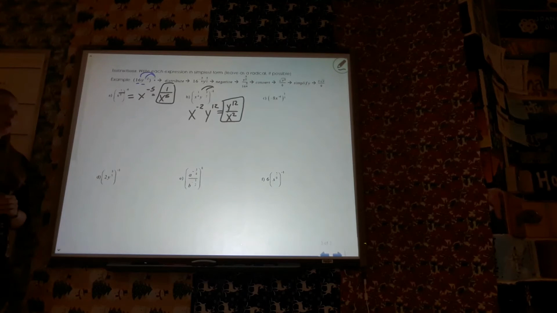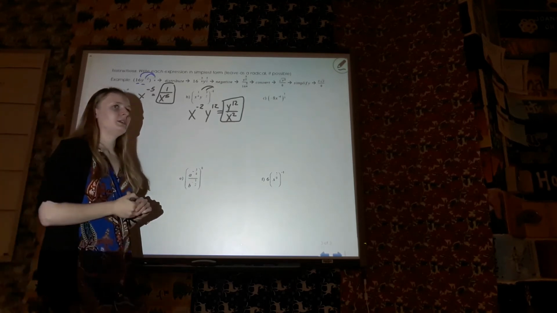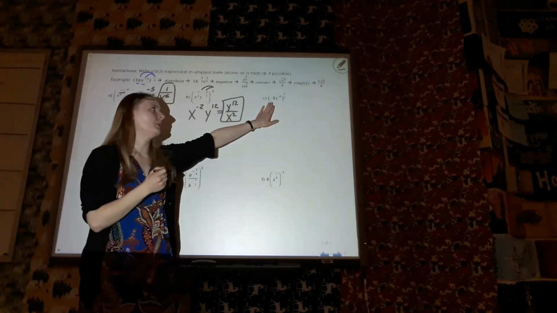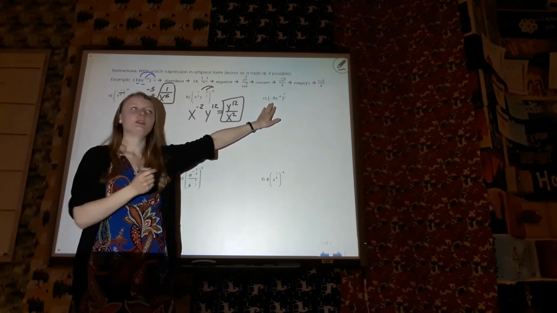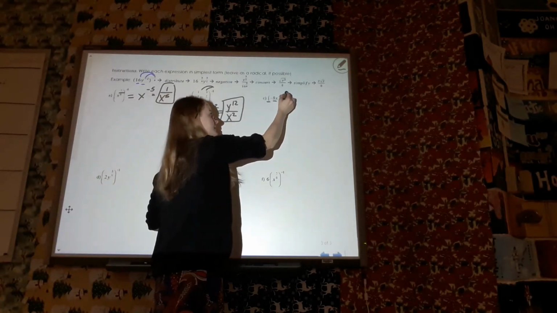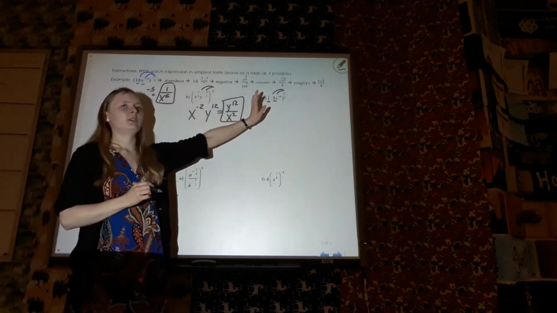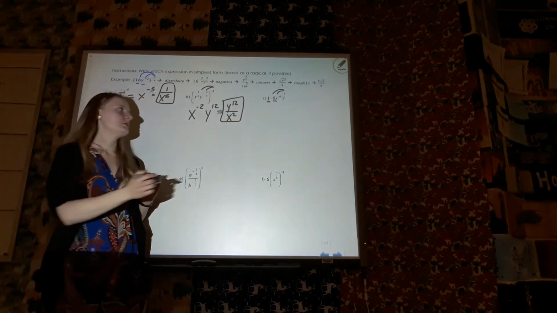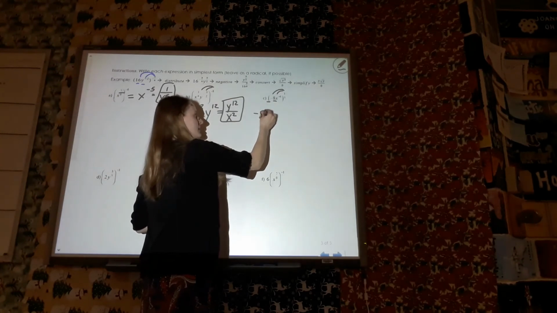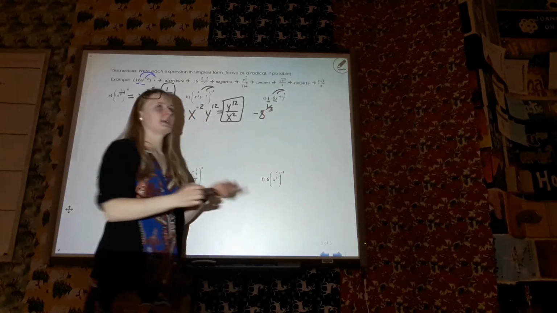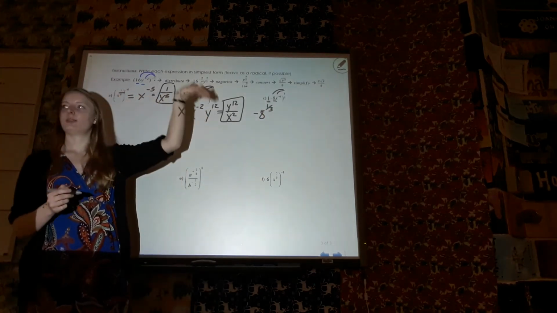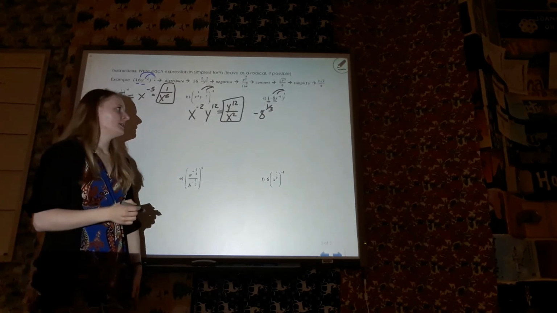Okay. Next step. What do I do first? How many components are there inside the parentheses? 2. We have the -8 and the x. So both of them get the 1/3 power. What is the current exponent for the -8? Well, 1. So this is going to become -8 to the 1/3. Because if you multiply 1 times 1/3, it stays 1/3. So the 1/3 just attaches itself to the -8 as a power.